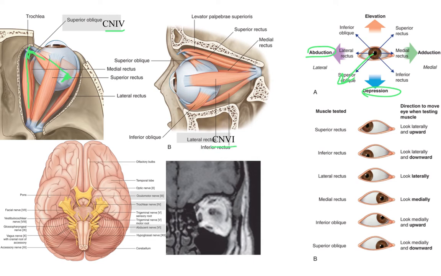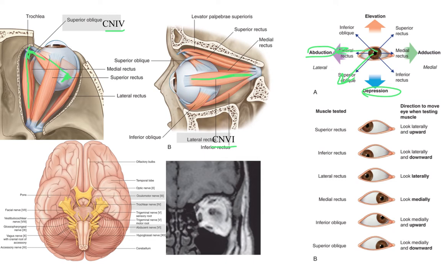Cranial nerve 6 is known as the abducens nerve, and the only muscle it controls is the lateral rectus right here. Lateral rectus means it's on the lateral side of the eyeball, and so when it contracts, it's going to abduct the eye.